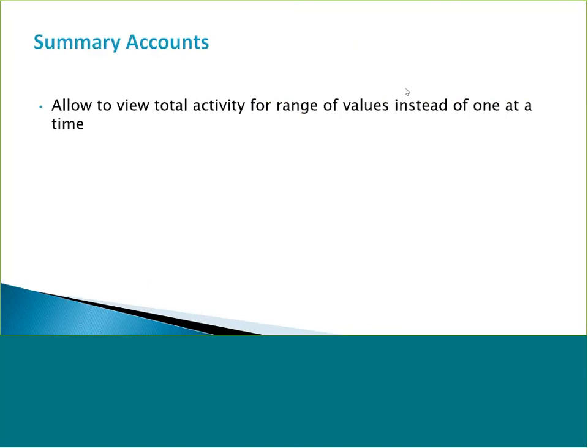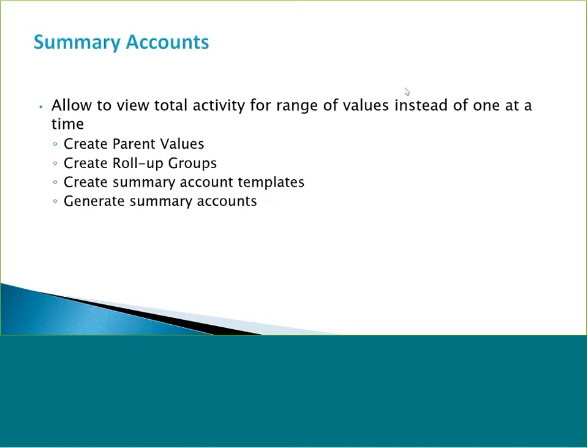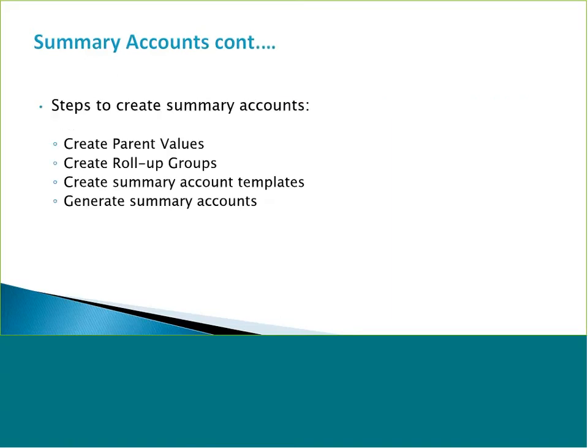Going back to our slides, we have said summary accounts will allow us to view the total activity for a range of values. This should probably say a range of accounts instead of one account at a time. So in order to create these summary accounts, what do we need to do? First, we need to create parent values.